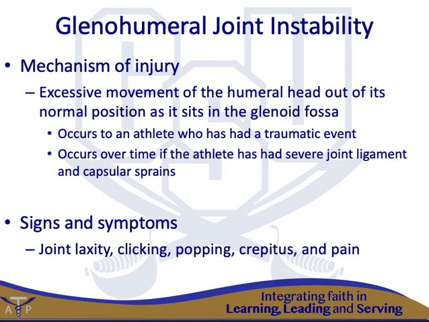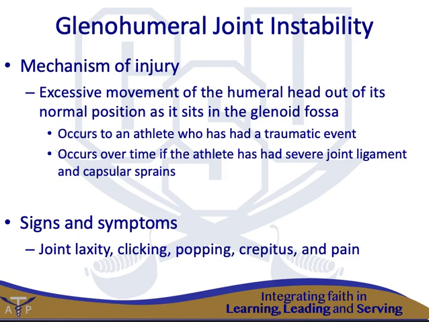When we look at mechanisms of injury for glenohumeral joint instability, it can be caused by a traumatic event, or it can result over a period of time. Typically in athletics, we see that over time occurs more often where the ligaments are stretched and or the capsule surrounding the joint is stretched, and this results in significant laxity or looseness of the soft tissue structures around the joints, and this laxity then causes this instability.